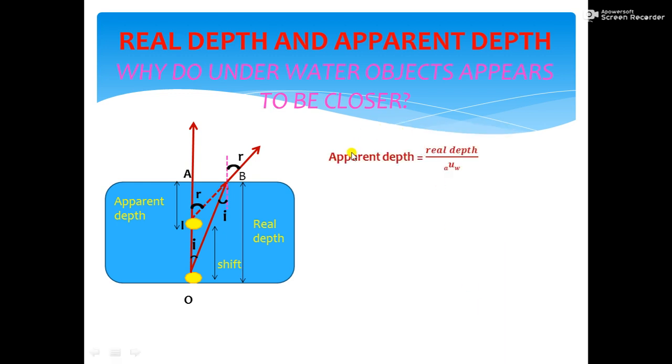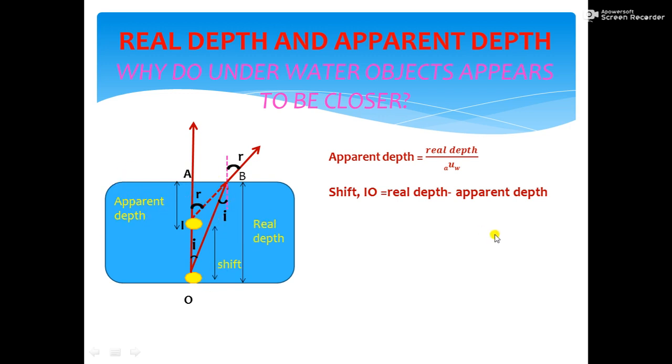From that we can write apparent depth is equal to real depth divided by refractive index of water with respect to air. And next is shift. Shift is equal to what? Real depth minus apparent depth.